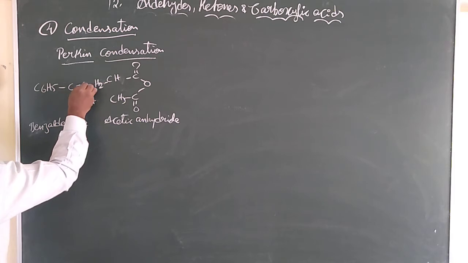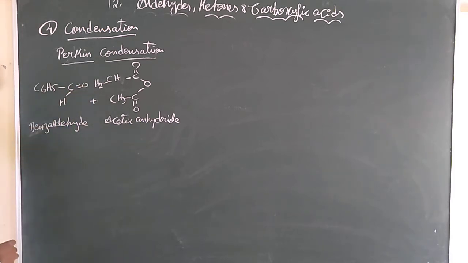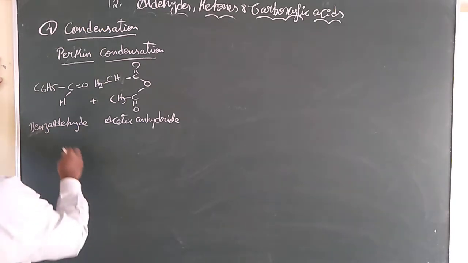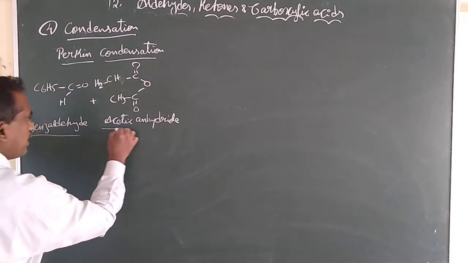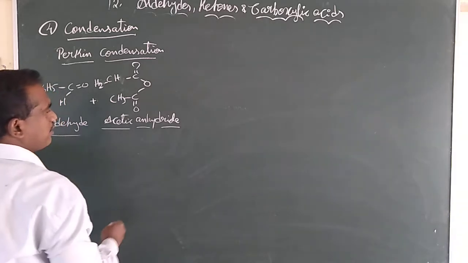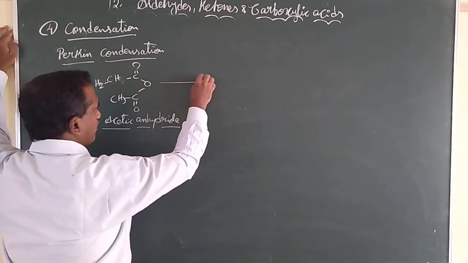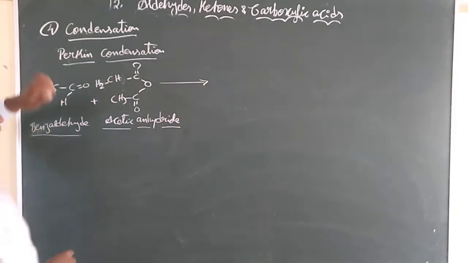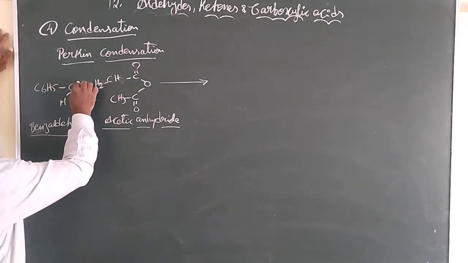C6H5 C double bonded O H. So when benzaldehyde reacts with acetic anhydride, a compound is going to form here.